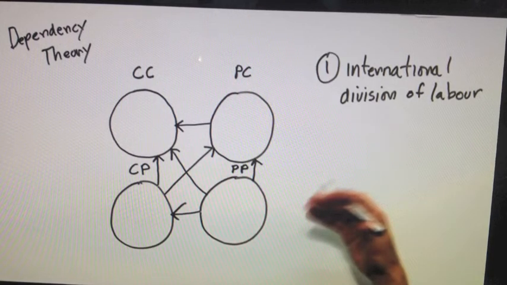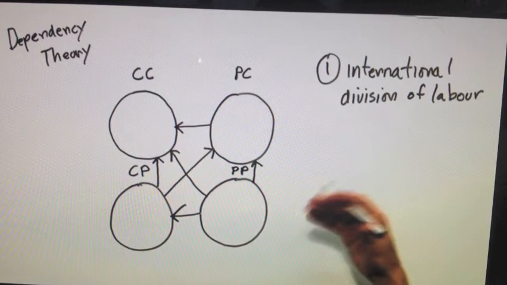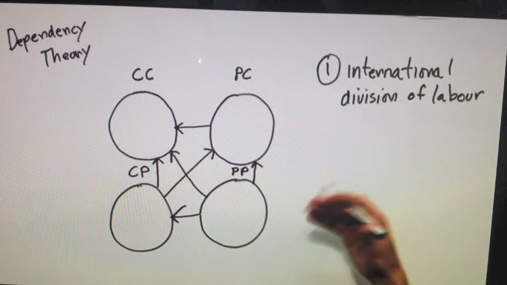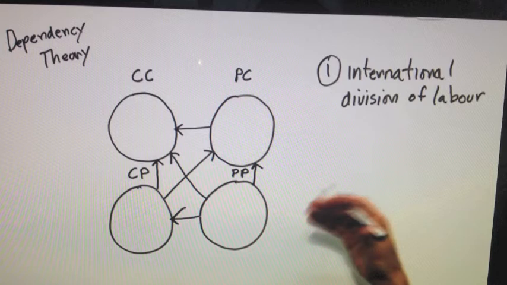The circles are connected by arrows to represent the flow of resources, all of which ultimately end up serving the needs of the central core countries. This is known as international division of labour, and illustrates how richer countries exploit those that are less economically developed than themselves.